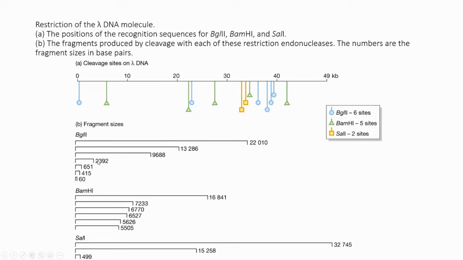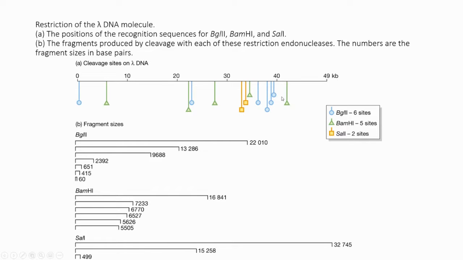For 6 sites, that will give you 7 fragments. Then BamHI, 5 sites, gives you 6 fragments. And then SalI, 2 sites, gives you 3 fragments. Then you can map these fragments on the linear DNA sequence.